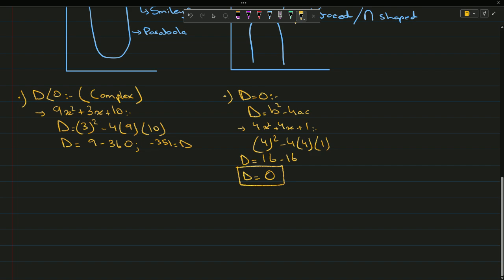Now sir, what happens when the value of discriminant would be 0? We would say, and we would also write in our Cambridge paper, that this lecture is basically just an introductory lecture.